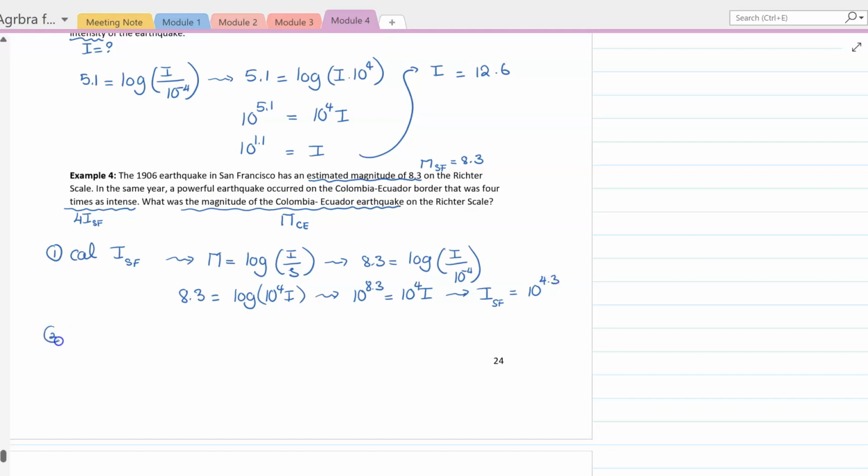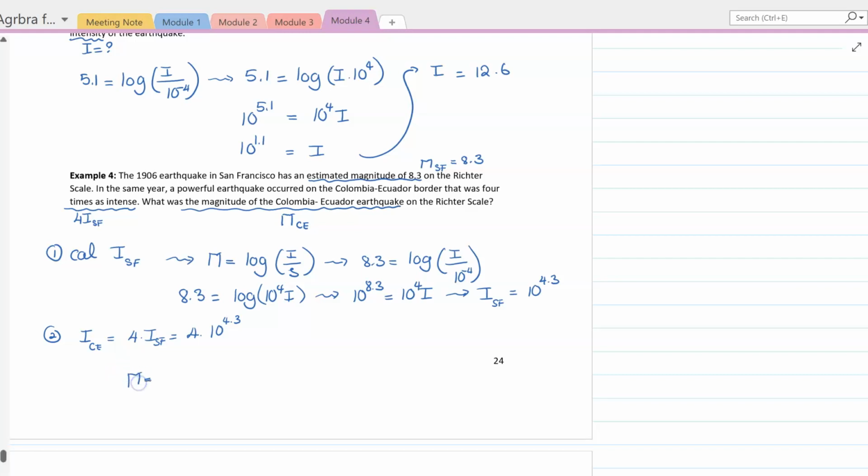Now, if the intensity of the Colombia-Ecuador border earthquake is 4 times the one in San Francisco, then its intensity equals 4 times that. We'll leave that there for a minute. Now we calculate the magnitude of the Colombia-Ecuador earthquake.